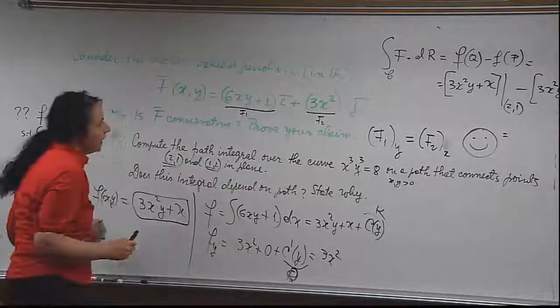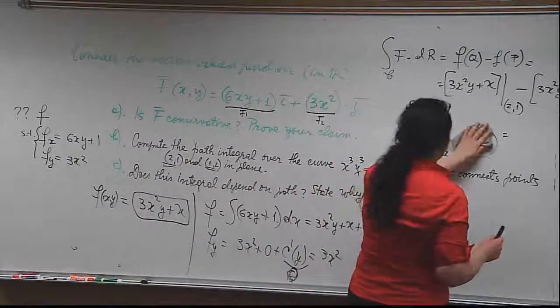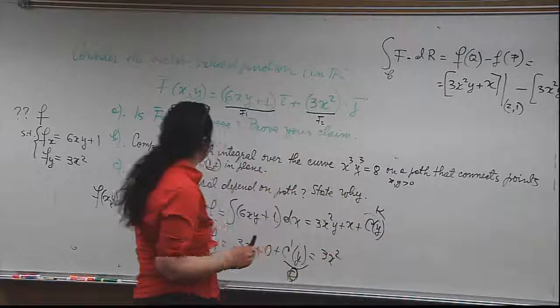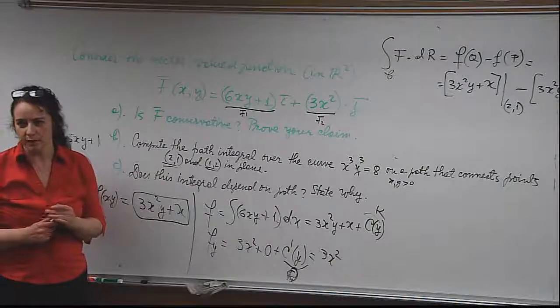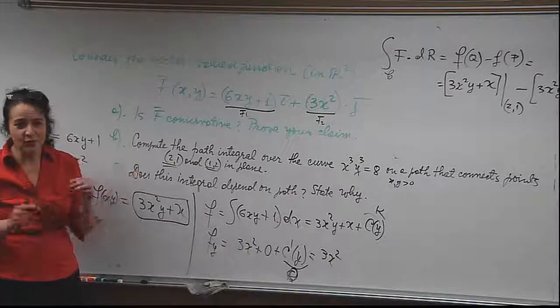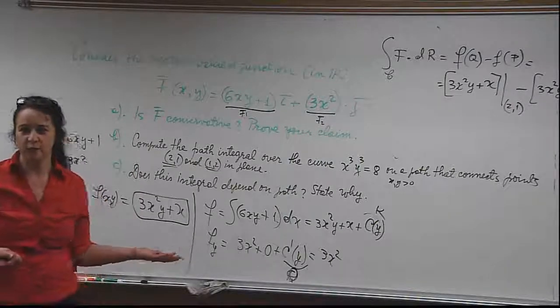So all I have to do is go ahead and, do you see what I'm actually doing? It's funny. Which one is the origin and which one is the endpoint? The problem doesn't tell you. It tells you only that you are connecting the two points. But which one is the alpha and which one is the omega?